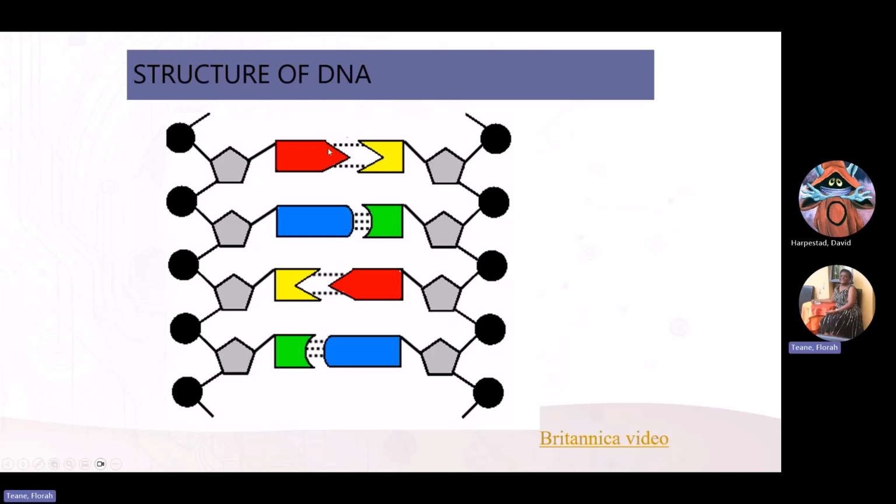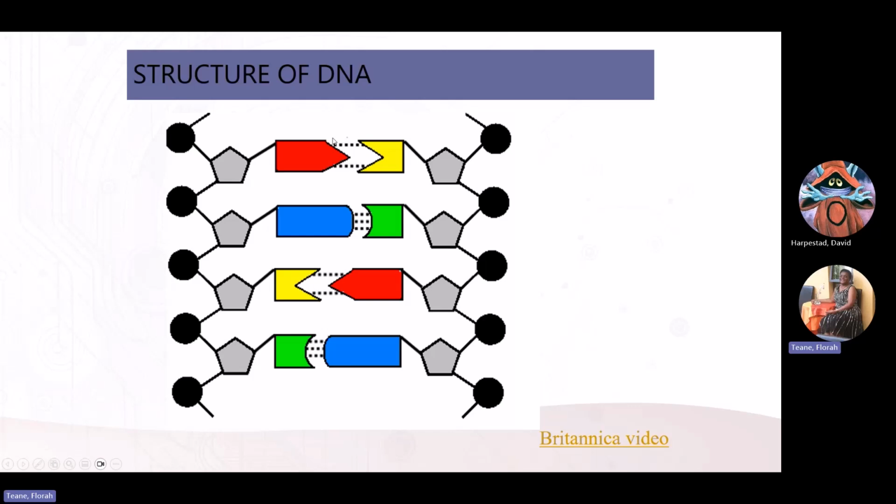So the shape of guanine is similar to the shape of cytosine. So they both form what we call a lock and key order. There will be no way where we find that guanine is matched with, for example, adenine, because of the shape.